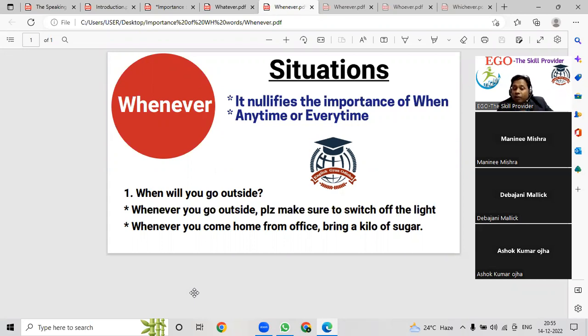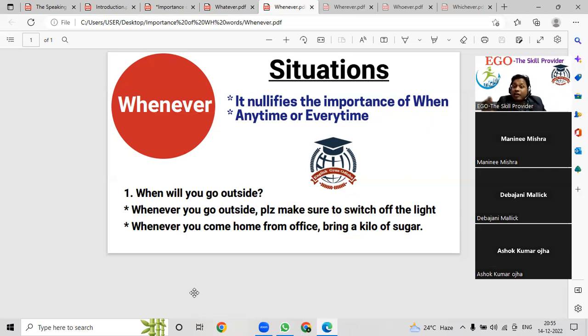Whenever you come home from office, bring a kilo of sugar. Suppose a married madam says, "When you come from office, bring a kilo of sugar." How does she know when you will come? That's why she says whenever you leave, it may be 5 o'clock, 6 o'clock, 7 o'clock, 8 o'clock, doesn't matter.